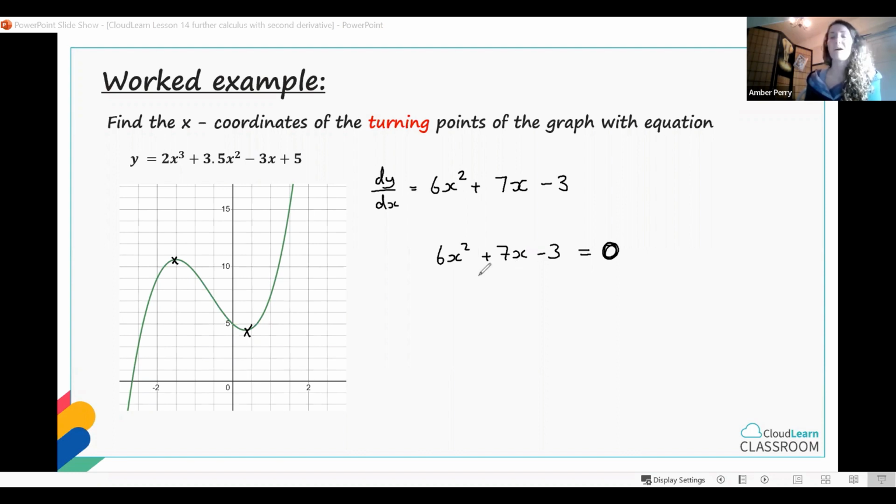I would go with the quadratic formula. The only reason why I would is because factorizing for me, because of this 6, would take a while. So it most likely can be factorized. And let me have a look. Yes, it can be factorized.